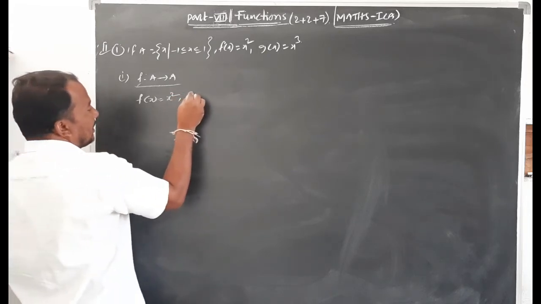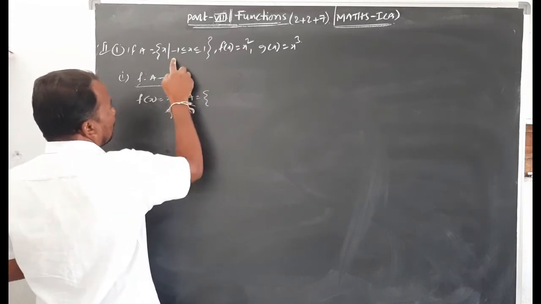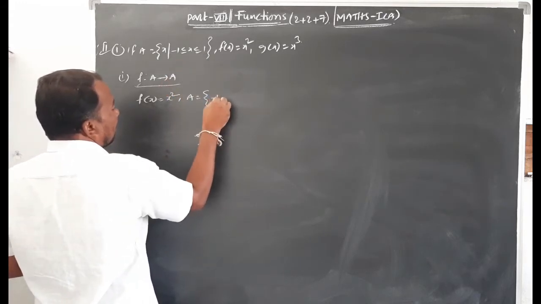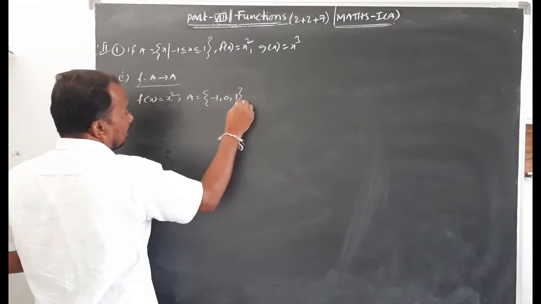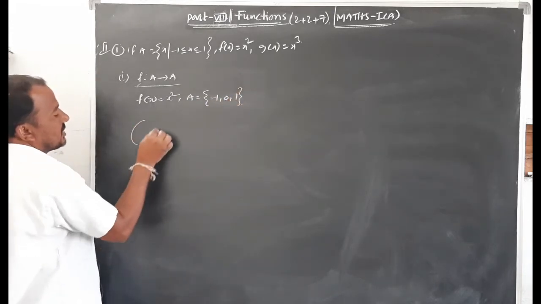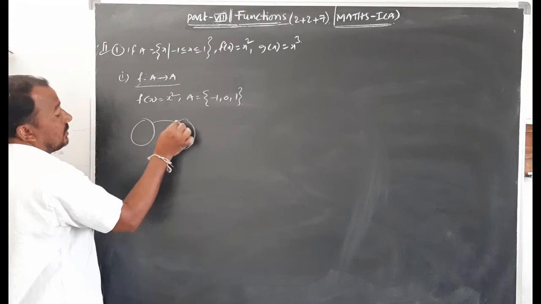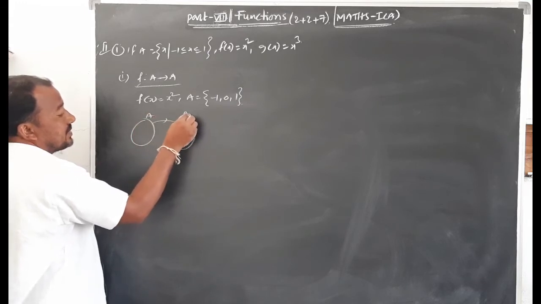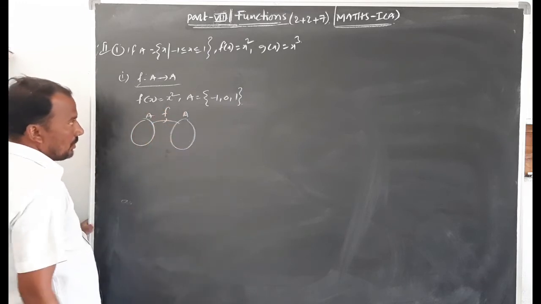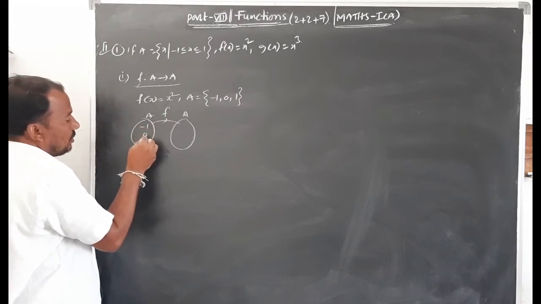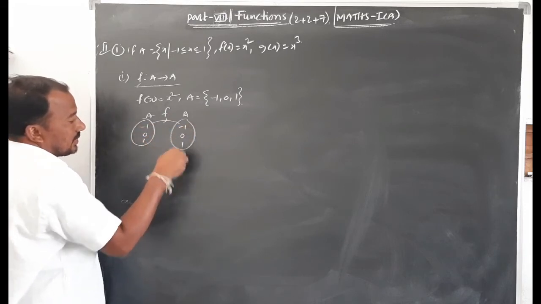So here A is the set minus 1, 0, 1. Take the function from A to A, the relation between f: minus 1, 0, 1 and minus 1, 0, 1.